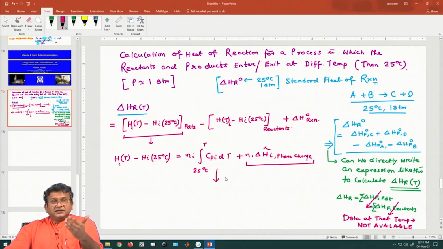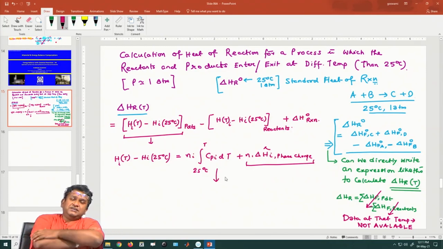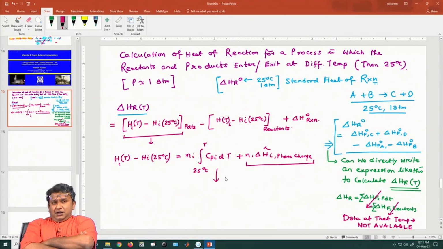So, T to the phase change temperature, let us say the boiling point. It can be a very simple example. Suppose you have steam entering into a reaction chamber, steam is not being used as a cooling medium or heating medium, but is used as a source of water, and you know the standard heat of reaction, where one of the reactants is water.